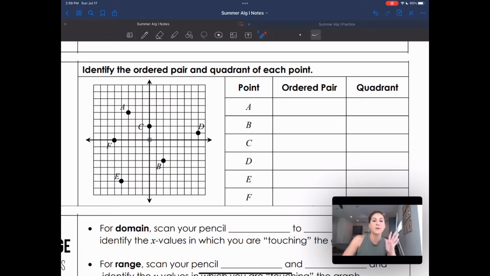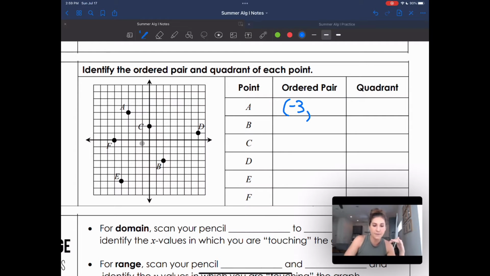So if I start from my origin, to get to point A, we would go left 1, 2, 3. Because we're going to the left, that's the negative direction on the x-axis. So I know my coordinate is going to start with a negative 3. Okay, left 3 is going to be negative. If we went right, it would be positive.